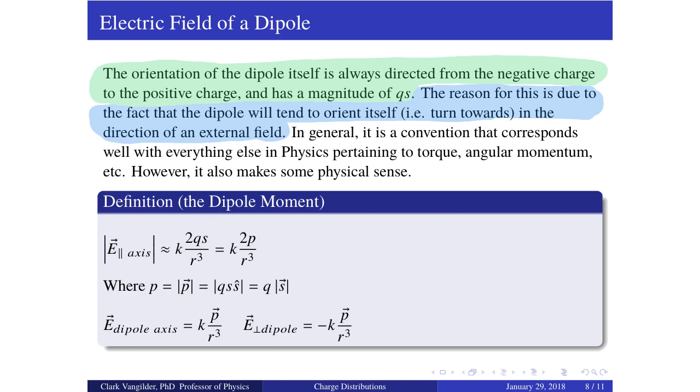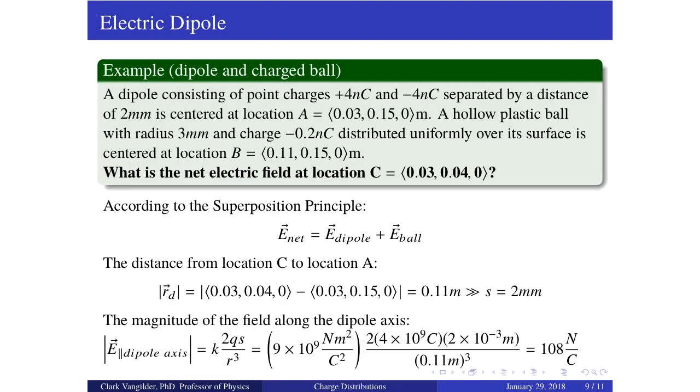It is a convenience matter that just works well with everything else we do in physics. Could we have gone the other way? Sure, we chose not to. So there you go. That definition is for reference. We'll move on.